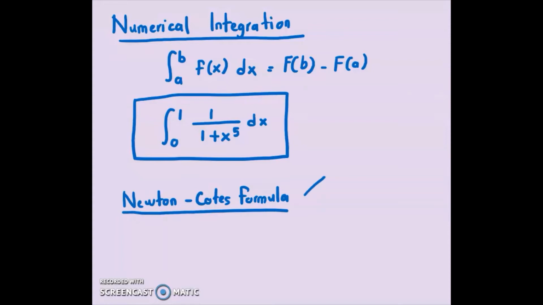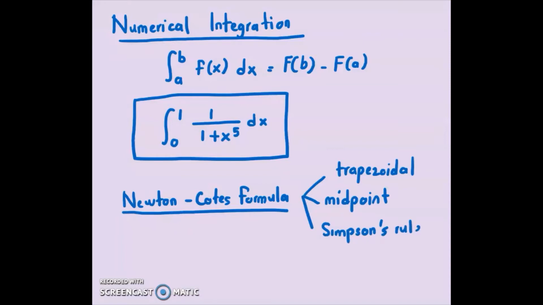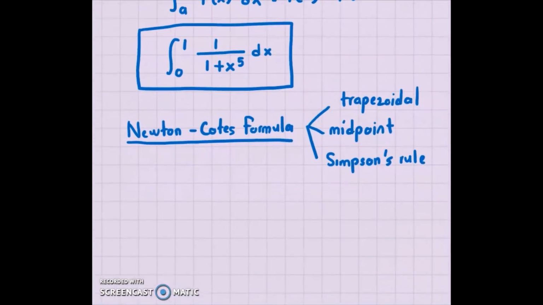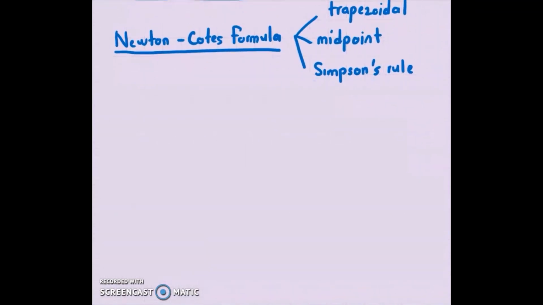There are a few: we have trapezoidal, we have midpoint, and we have Simpson's rule. We'll look at these three first.